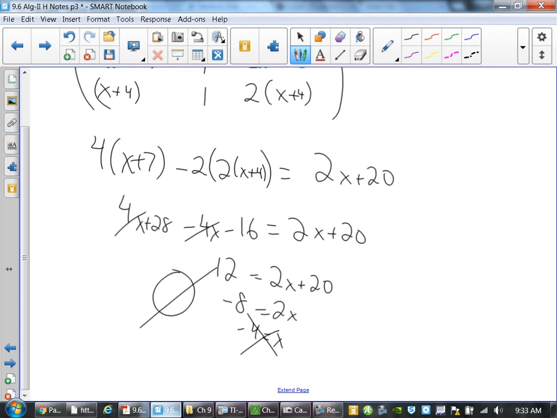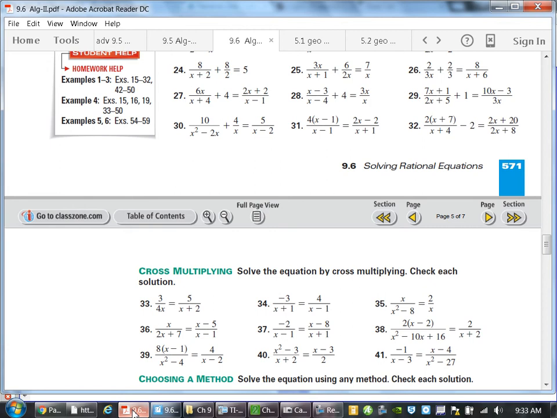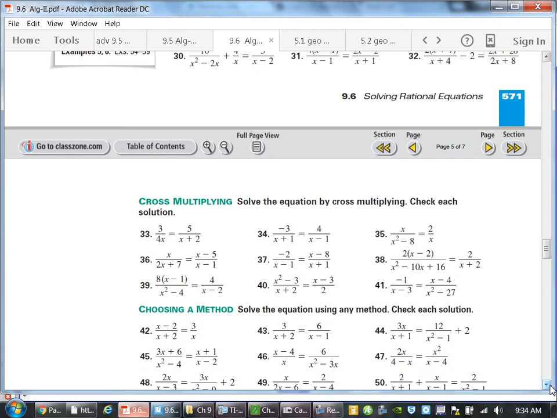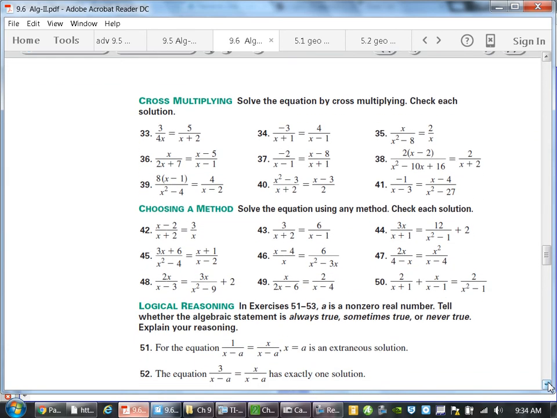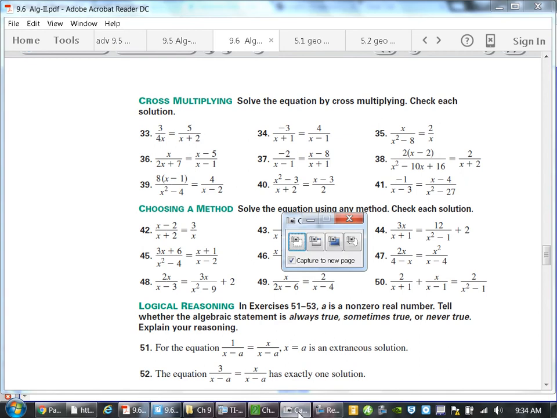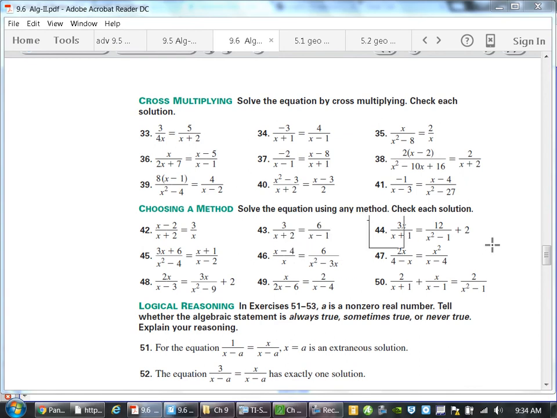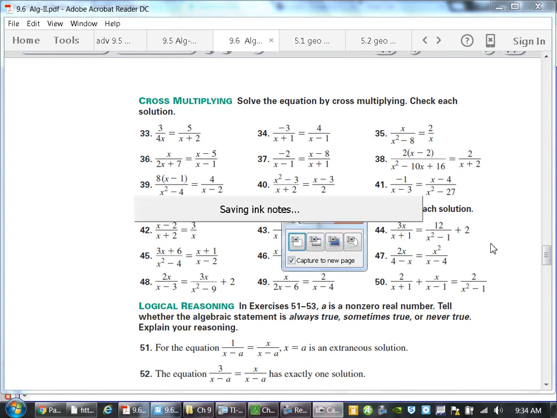I'll make Alicia's first, and she was 44, then I'll get yours next. 44 is eerily similar to the one we just did. The only thing that's different is that I need to factor the x squared minus 1.